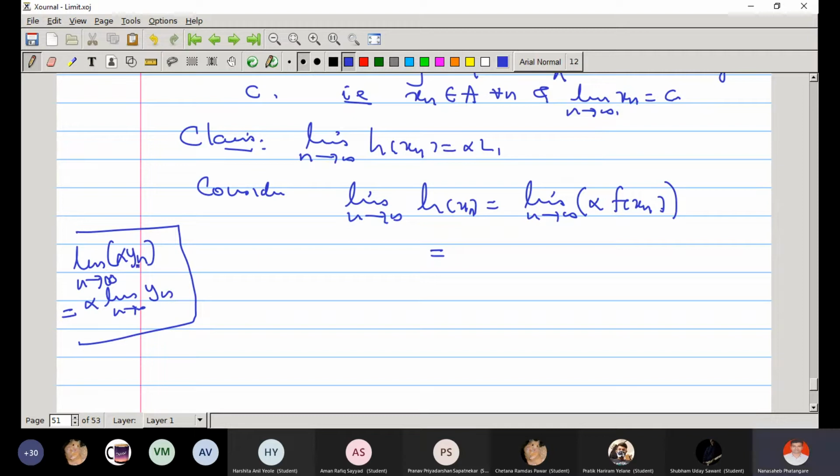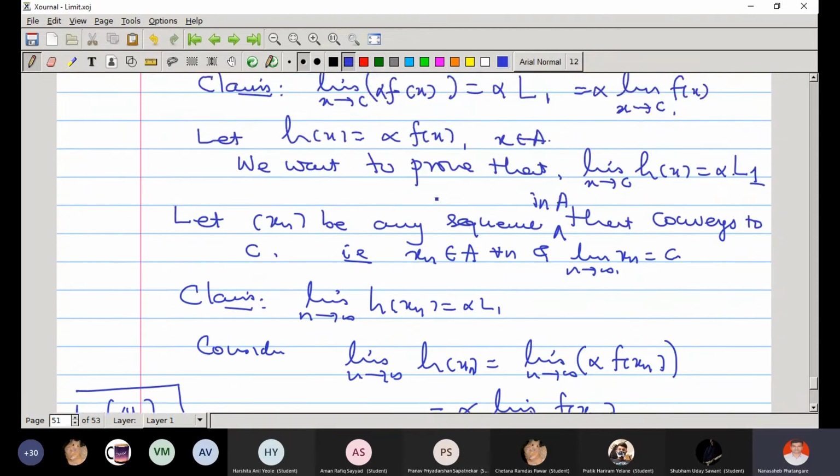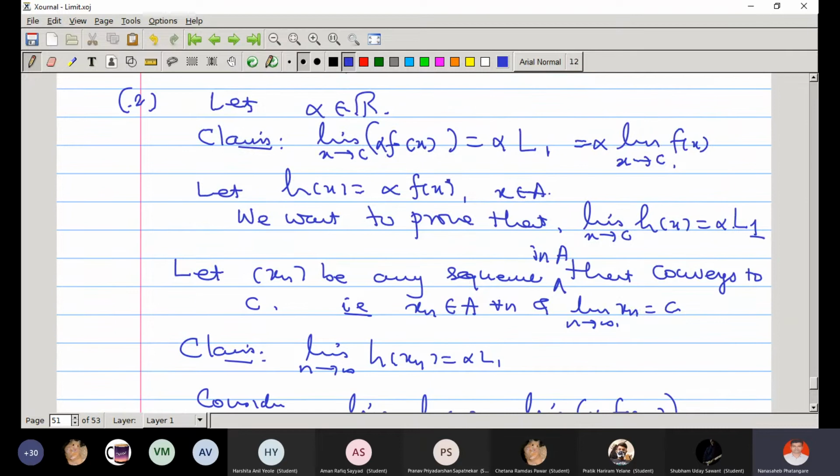If you multiply a sequence by a scalar and evaluate the limit, it is alpha times the limit of yn. We can shift the limit towards yn. And f(xn) is a sequence like yn multiplied by a scalar. So it is alpha times the limit of f(xn). But the limit of f is L1.